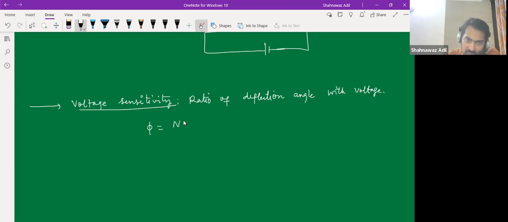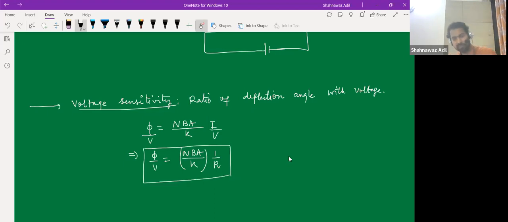This is NBA divided by K and I. So we want to calculate voltage sensitivity, so divide it by V. Then this is called voltage sensitivity, and this would be equal to I by V, or V by I? R. So this is the voltage sensitivity, right?